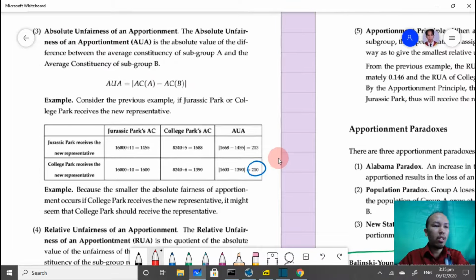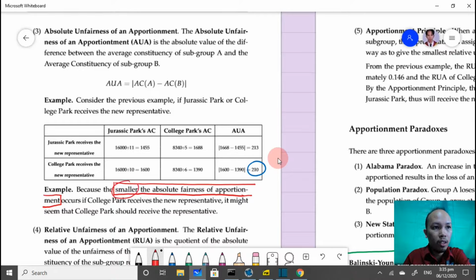It says here that if you have the smaller absolute unfairness of apportionment, then the one that will receive the new representative will be the smaller one.